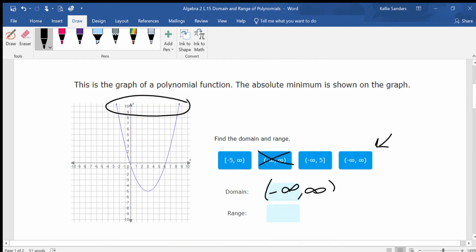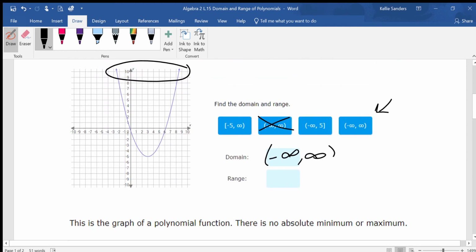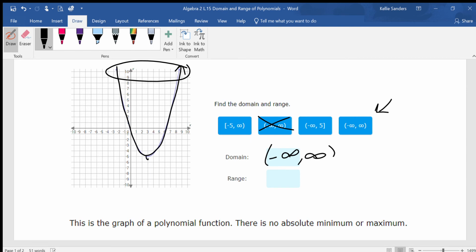If your parabola is going up, that means that you have a minimum. And this minimum is at 3, negative 5. See the x's, they keep on going out, so you can put any x in.